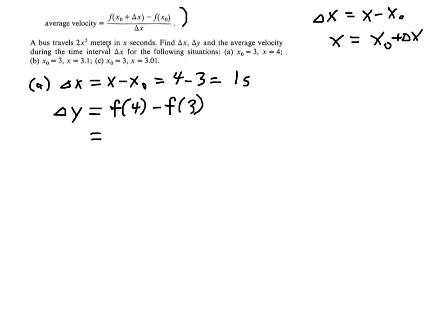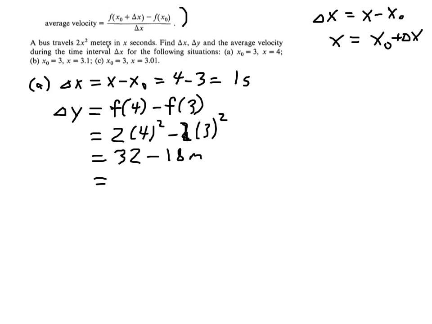So its position at time 4 is given by the formula 2x squared, or 2 times 4 squared. Position at time 3 is f of 3, or 2 times 3 squared. Twice 4 squared is 32 meters. Twice 3 squared, we already calculated, was 18 meters.